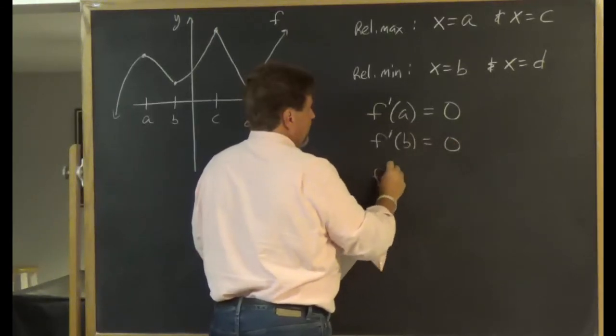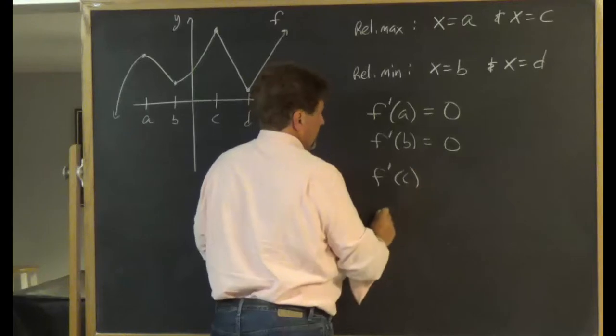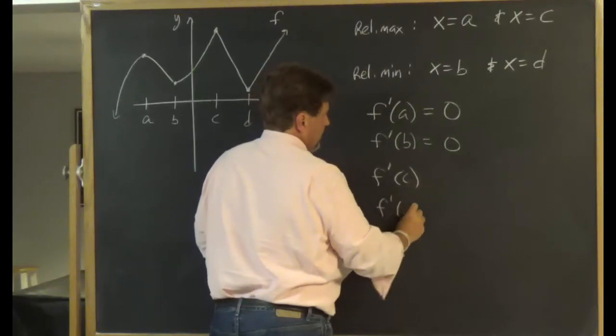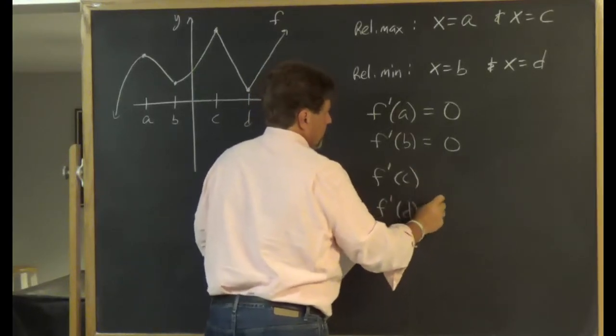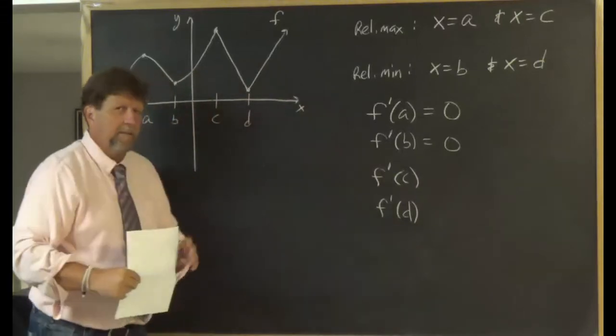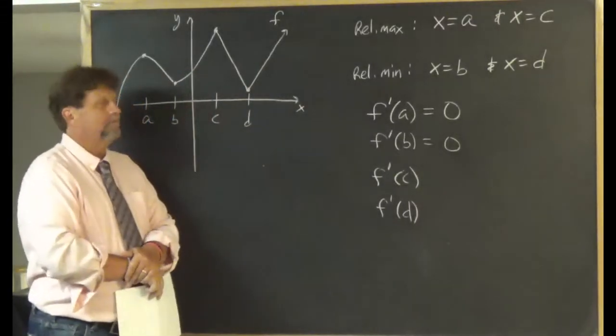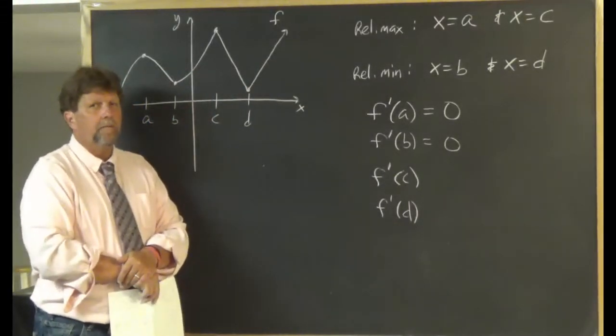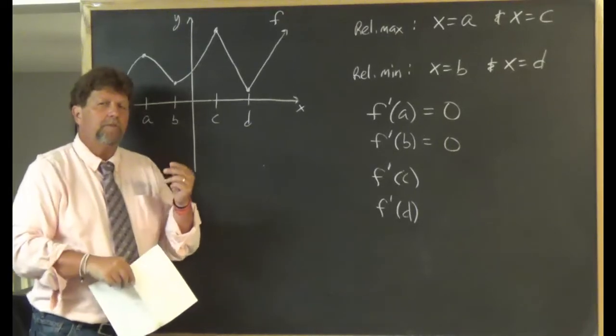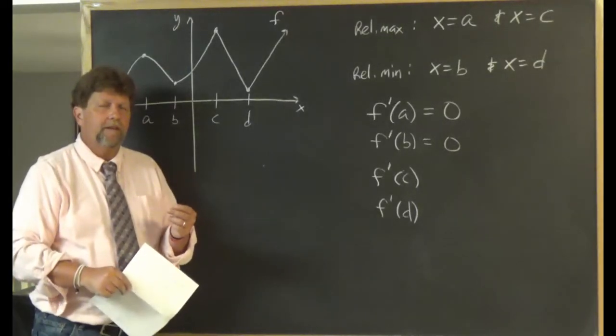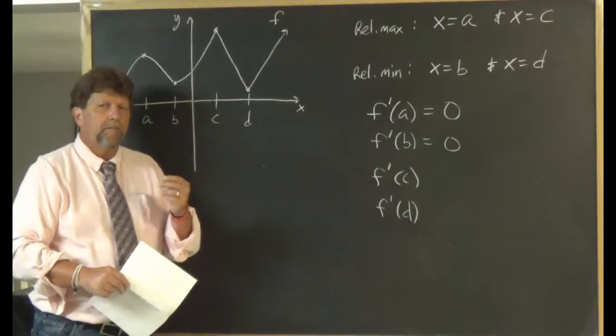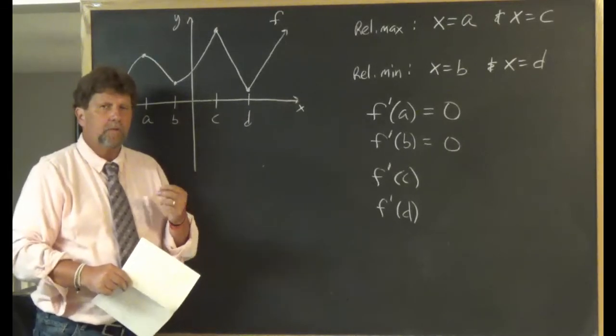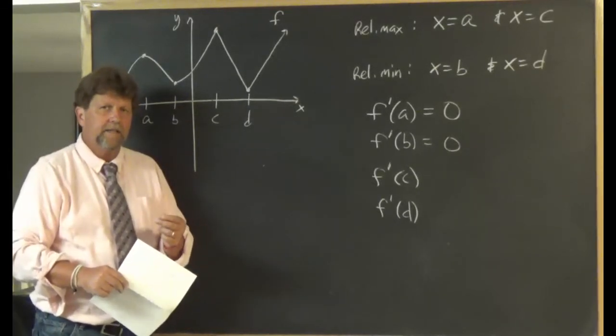Now what about f prime of c and f prime of d? Nah, it's not 0. Remember back in chapter 2 when we first learned the derivative, something that we talked about at that time was when the derivative doesn't exist.